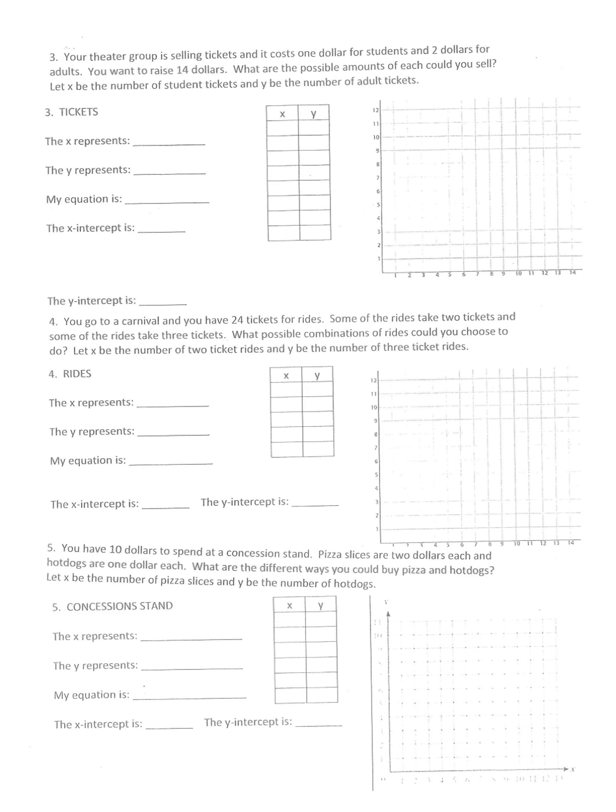All right, going to number 3, you want to raise $14, so that would be your total. Sorry, it was $1 for students and $2 for adults. So that would be your equation. 1x plus 2y equals 14.